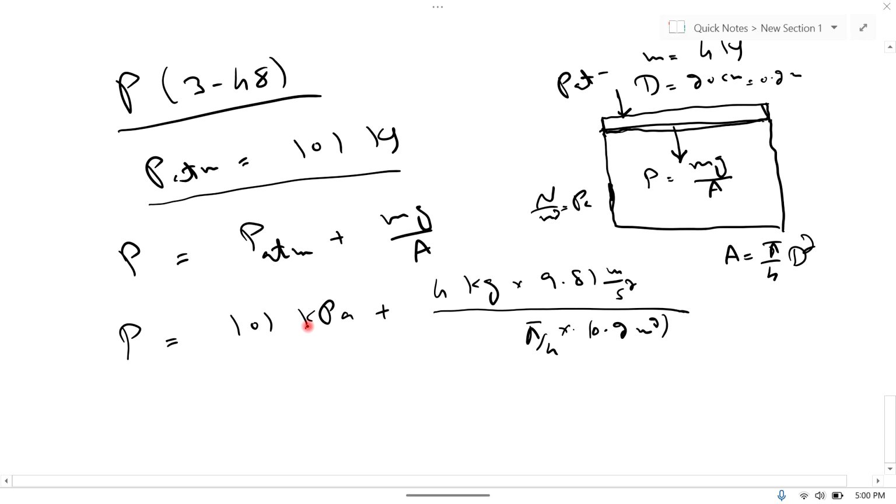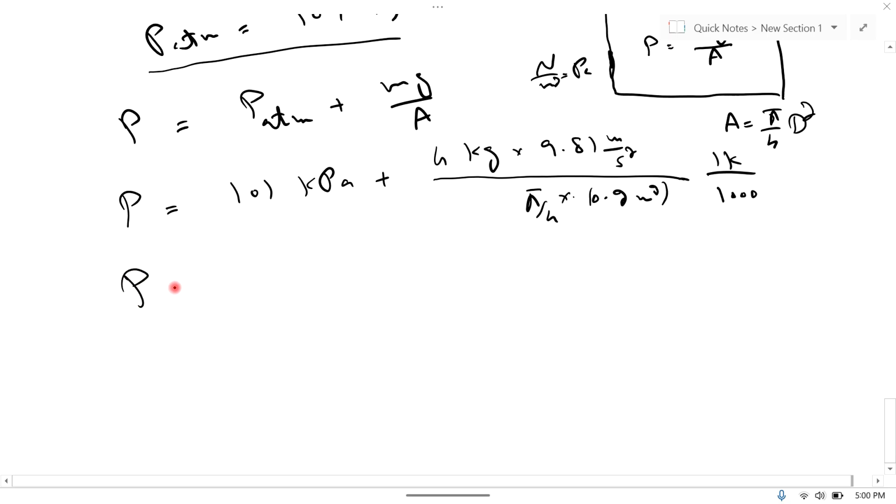So to convert this value into kilopascal, multiply and divide by 1 kilo, and kilo is equal to 1000. So I multiply this value by 1000 and divide by 1000. This 1000 is equal to kilo, so now this unit will be kilopascal.